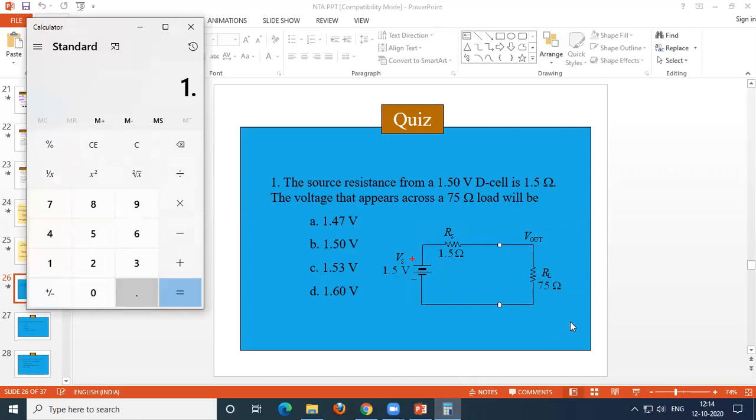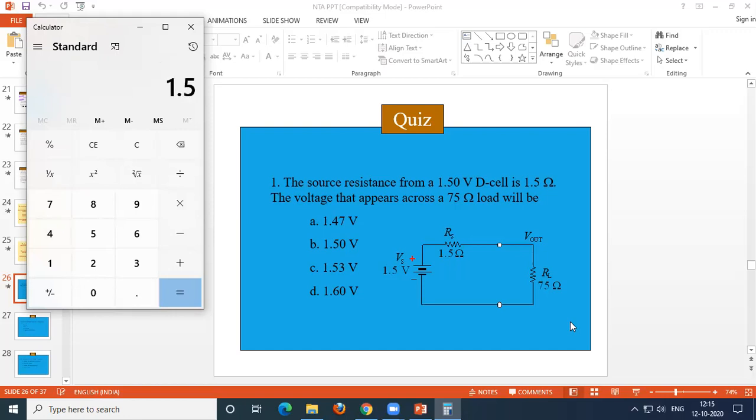1.5 plus 75, these two are in series, so 1.5 plus 75 is equal to 76.5.